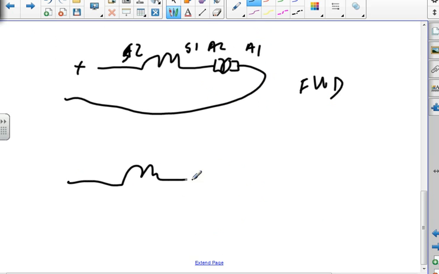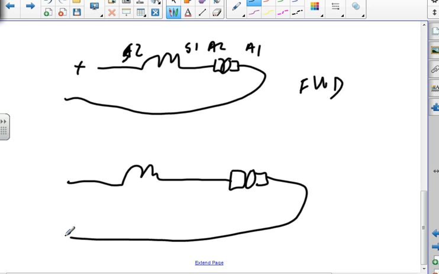And if I go S2, S1, A1, A2, then I'm going reverse. So I reverse the armature windings. When I reverse the armature windings, I go the other way. And same thing happened when I was in parallel.